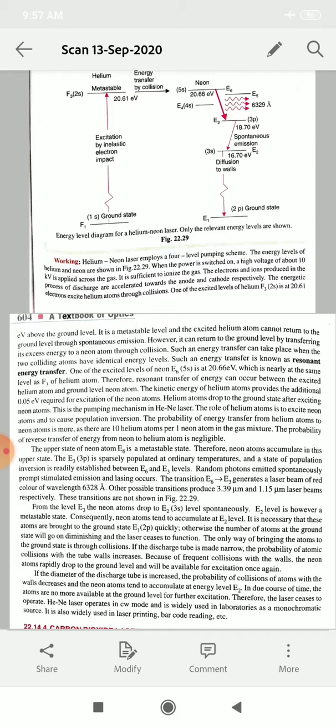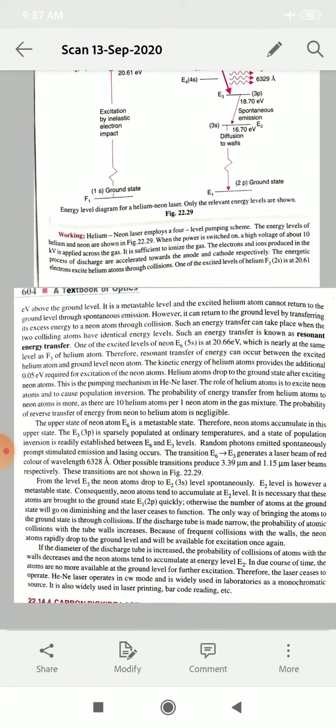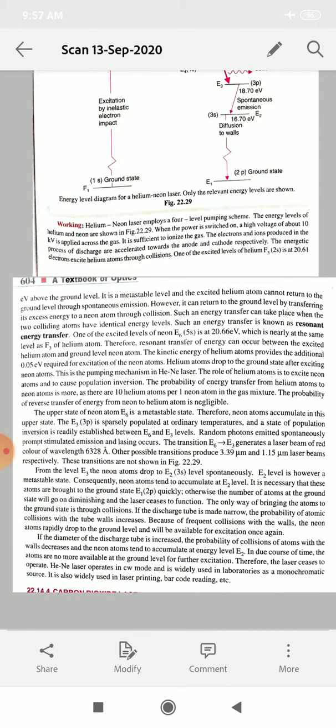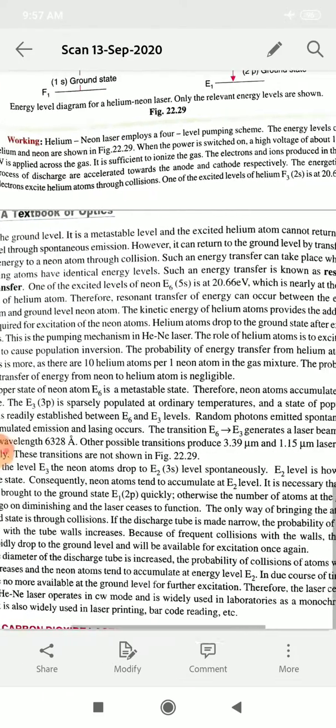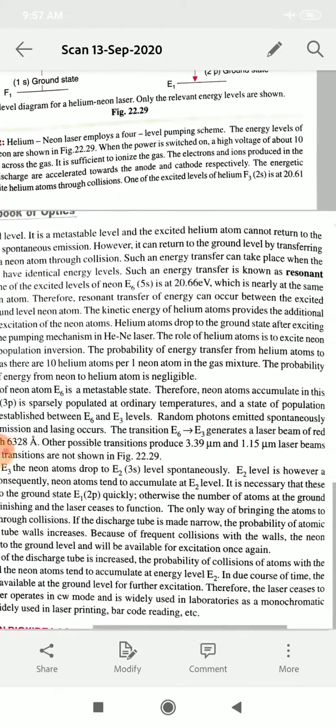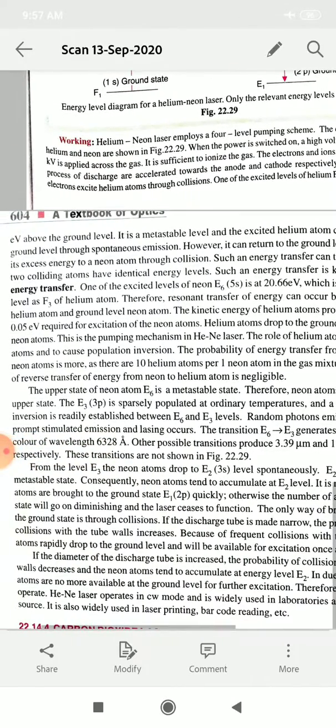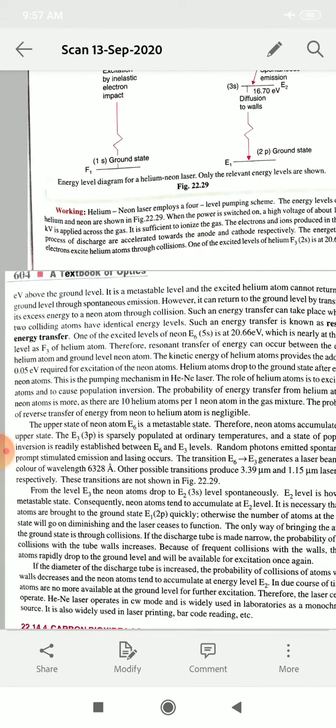The kinetic energy of the helium atom provides the additional 0.05 electron volt required for the excitation of the neon atoms. Helium atoms drop to the ground state after exciting the neon atoms. This is the pumping mechanism in the helium neon laser. The role of helium atoms is to excite neon atoms to cause the population inversion.